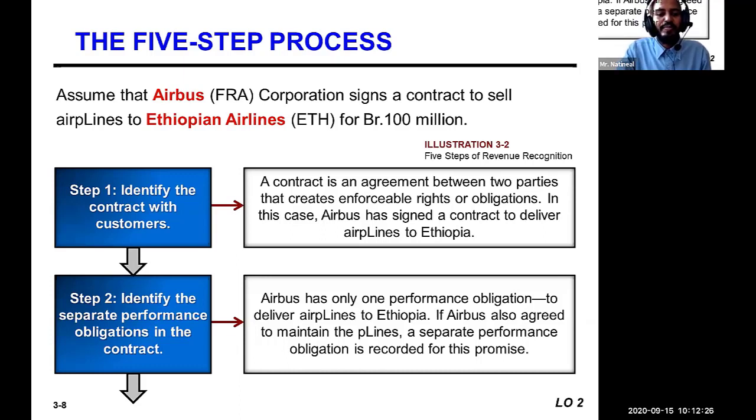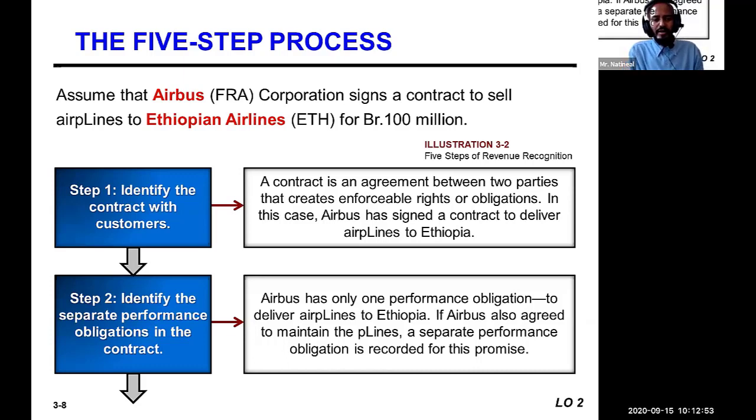The first step is to identify the contract with the customer. A contract means an agreement between two parties that creates enforceable rights or obligations.